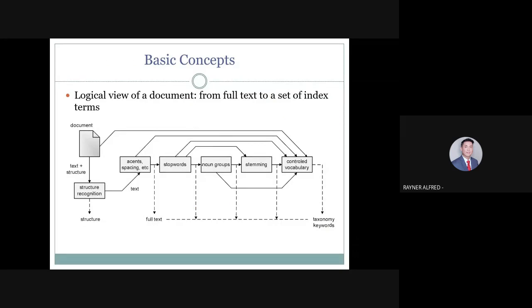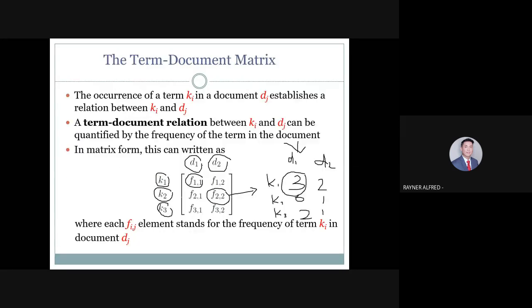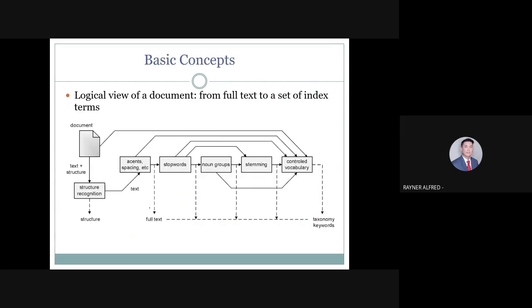So when it comes to this matrix, what we want to do is list all the vocabulary that we have, keyword 1, 2, 3, up to T. For us to list all of them, we need to follow this logical view of a document.